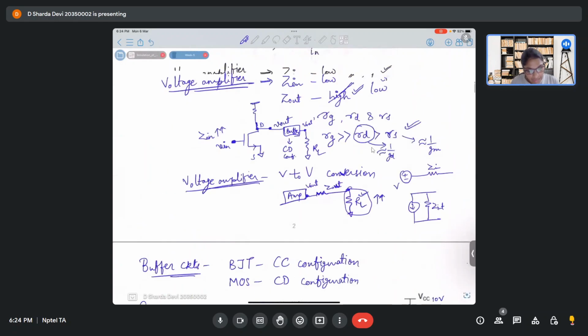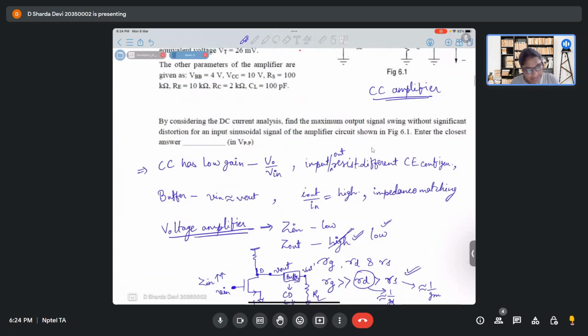Now what we have to find out is, by considering the DC current analysis, the maximum output swing signal without significant distortion for an input sinusoid signal for the amplifier circuit shown. Today we'll be working on numerical answer type problems, so we won't be seeing any options.